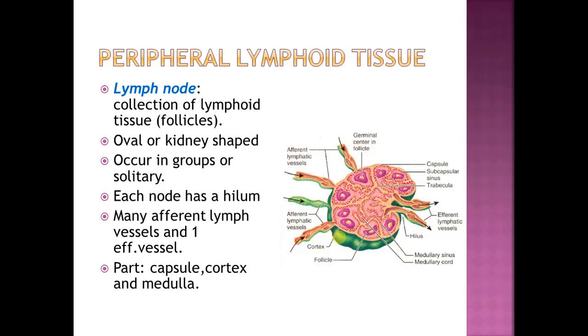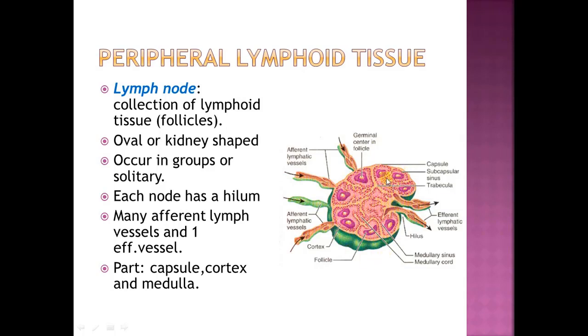Coming to the peripheral lymphoid tissue, the lymph node. If you look at the structure of the lymph node, it is somewhat reniform or kidney shaped. It is indented at one end, and the place where you see that indentation is called the hilum.